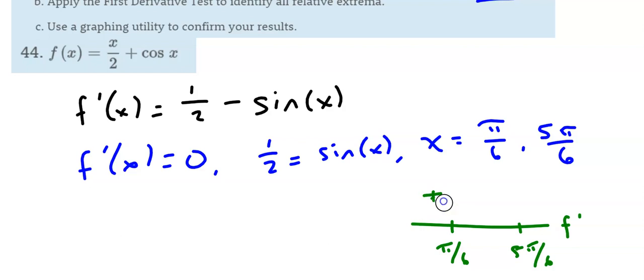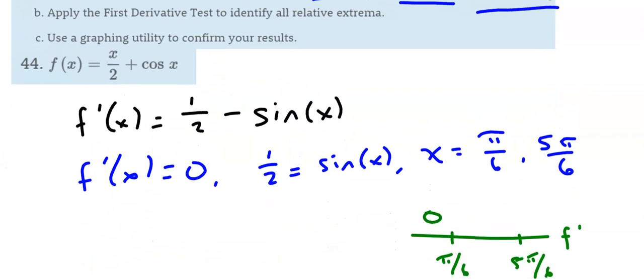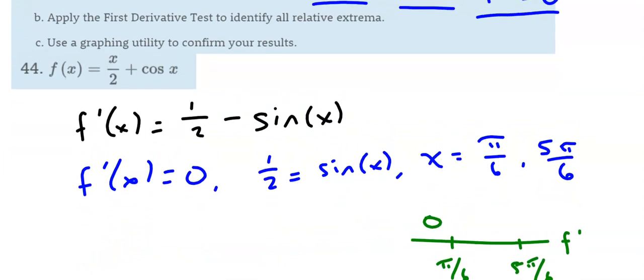And in between pi over 6 and 5 pi over 6, something like, what interval am I on? 0 to 2 pi, okay. Something like pi over 2. So sine of pi over 2 is 1, and 1/2 minus 1 is a negative number. And then on the right, sine of something like pi is 0 again, so that's 1/2, which means this value is going to be positive. Sorry, I'm not paying attention here.